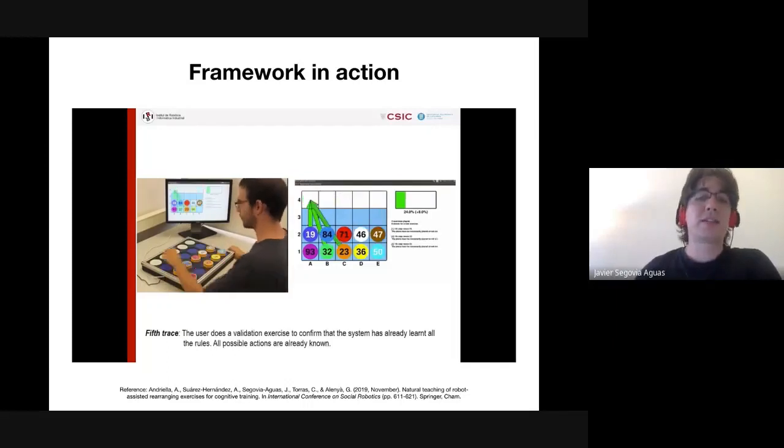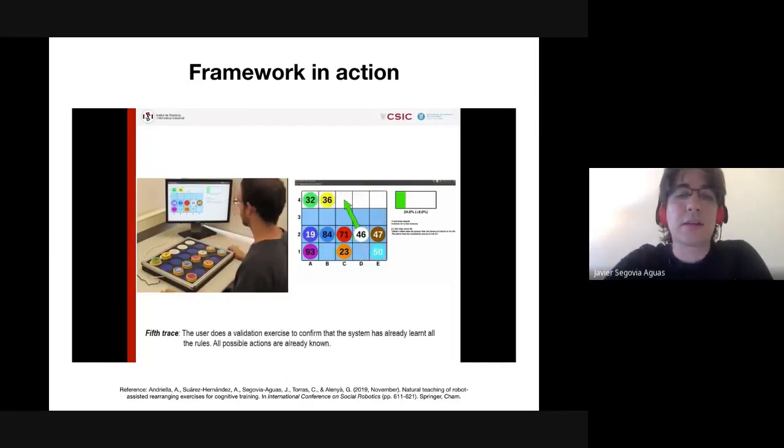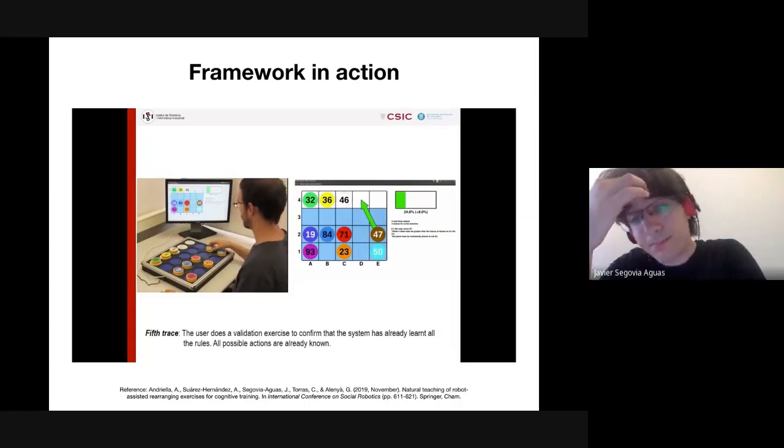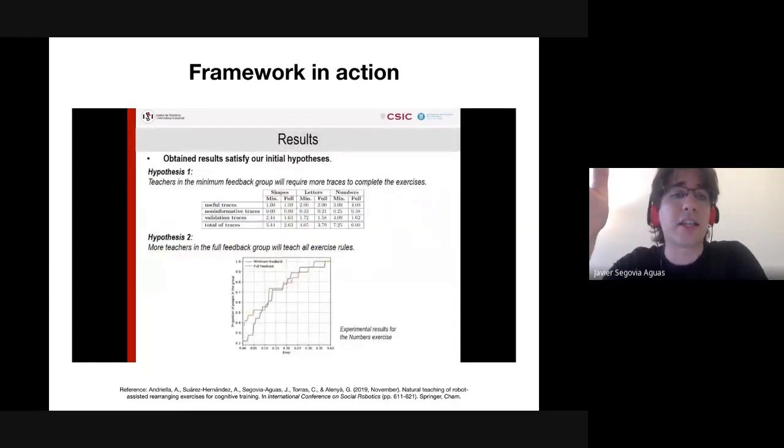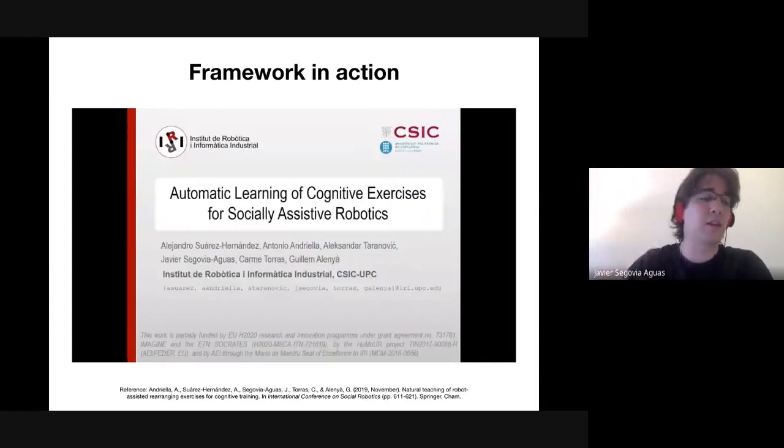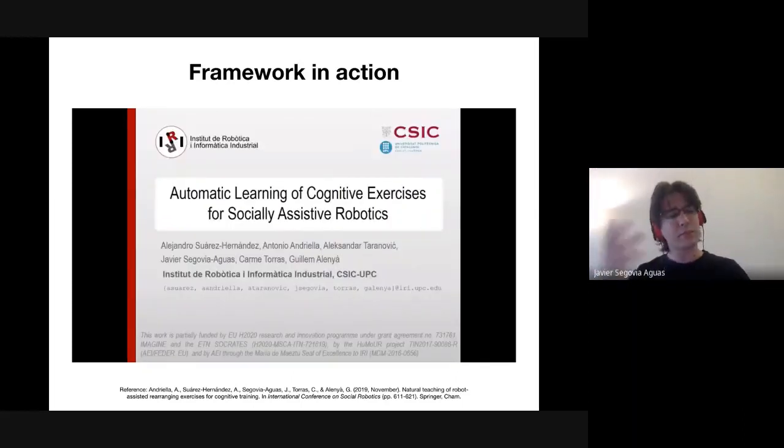And as you can see, it keeps learning, and the idea of this problem is to sort all tokens in ascending order. We tested some hypotheses over 2 groups, and we detected that there is some improvement when we have feedback.